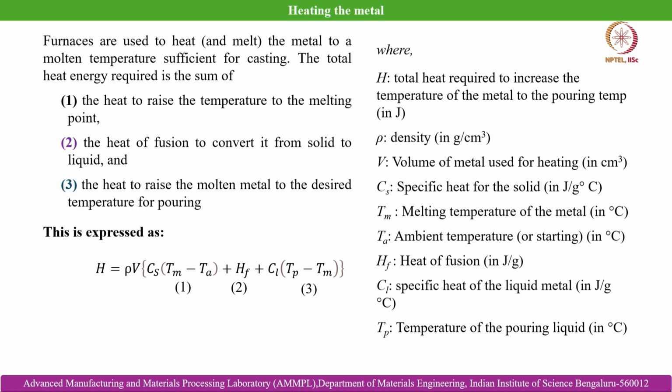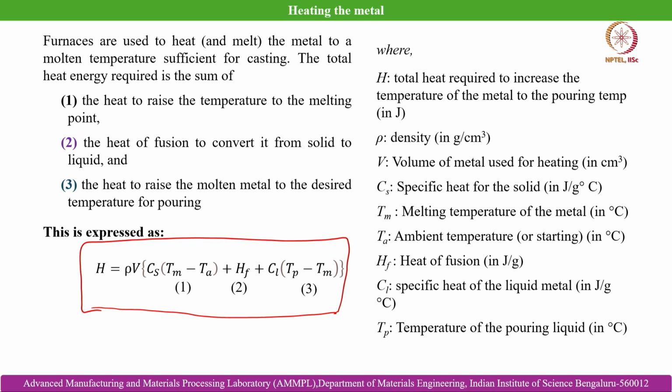In the equation, rho V HF, V is the volume of the metal used for heating, rho is the density of the ingots, Tm is the melting temperature, and Ta is the ambient temperature. So with this equation we are estimating the total heat input required for melt preparation.